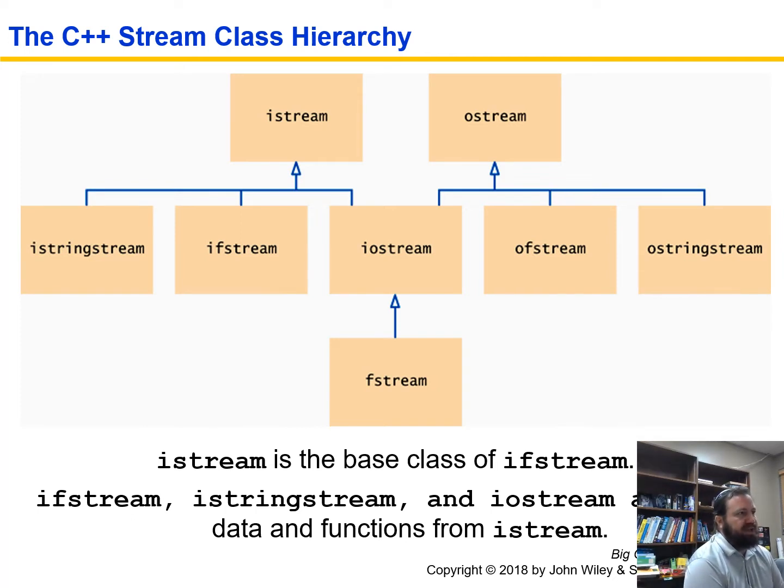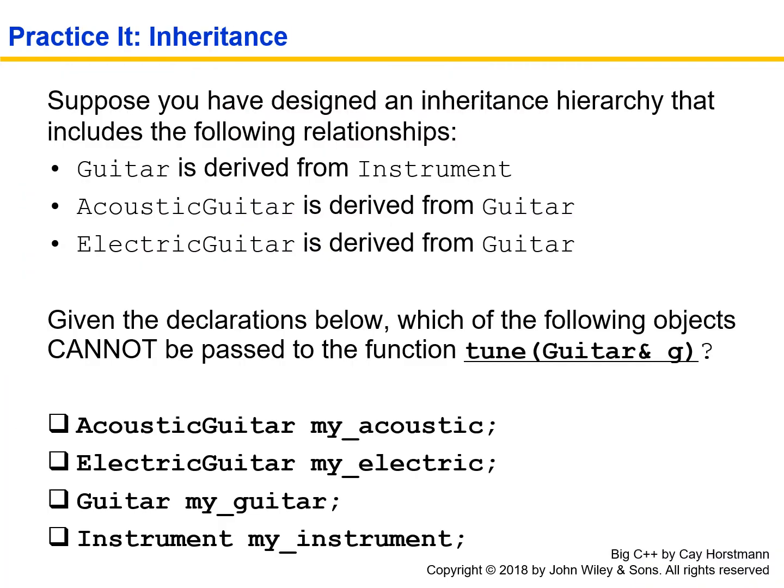It can do input and output, and that allows us to have one fstream that does both input and output. But what I want you to see here is that if we were looking at the istream example in the previous slide, istringstream, ifstream, and iostream all inherit from istream, and so they all can be used with that same member function.